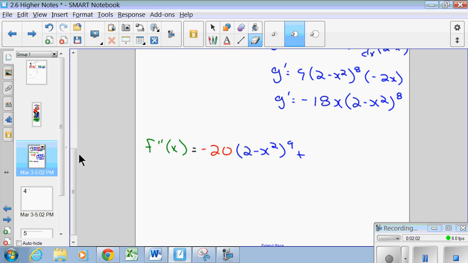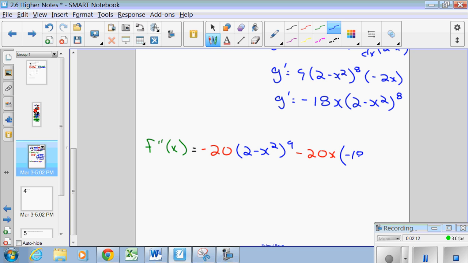I'm going to erase that plus sign then. I just put it to a negative 20x times g prime, negative 18x and 2 minus x squared to the 8th. And that's all in brackets here.